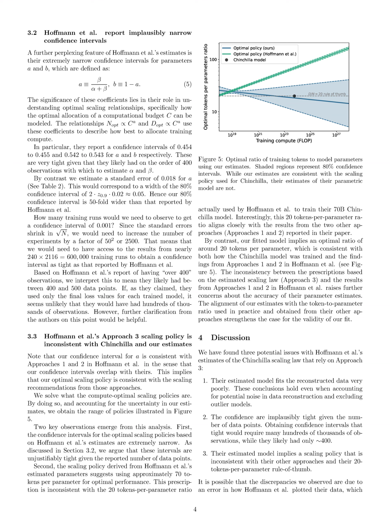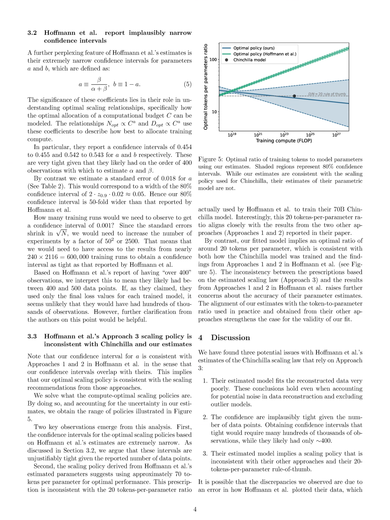Additionally, the new method highlighted the implausibly narrow confidence intervals reported by Hoffmann et al., indicating that their reported confidence intervals were much tighter than what would be expected given the number of data points available.